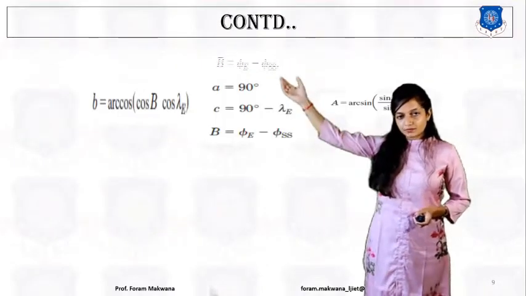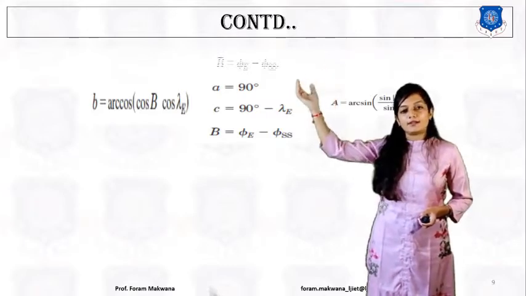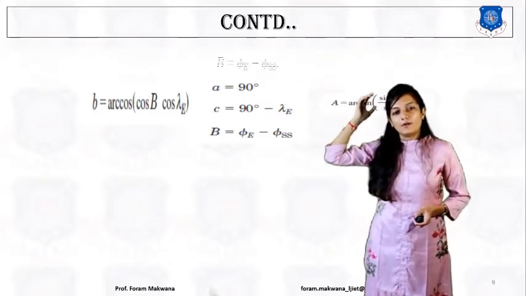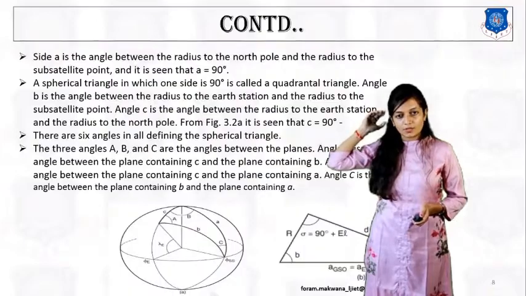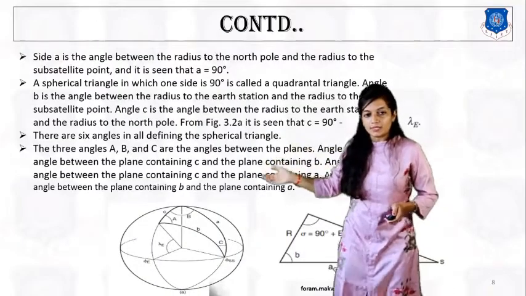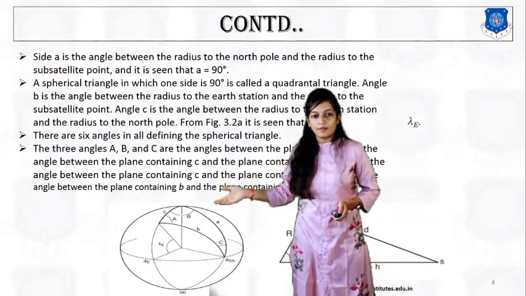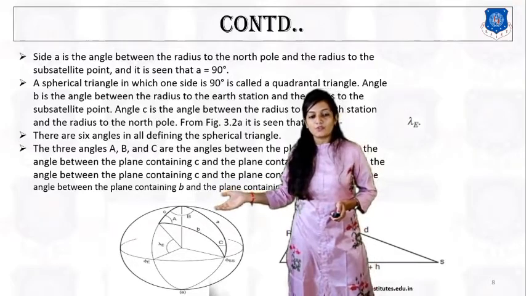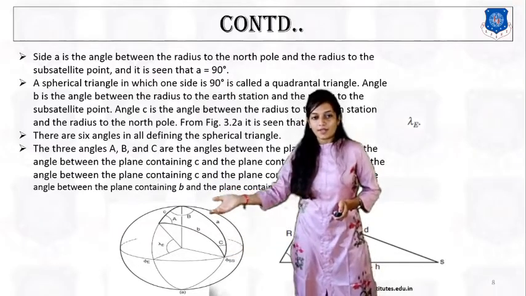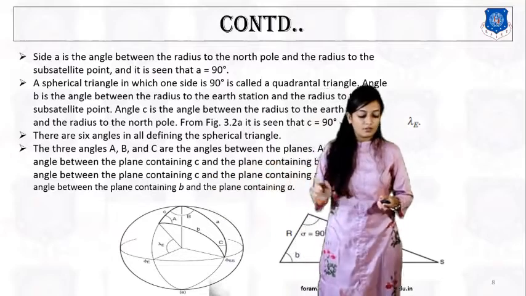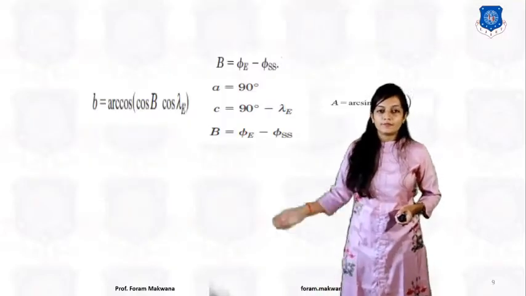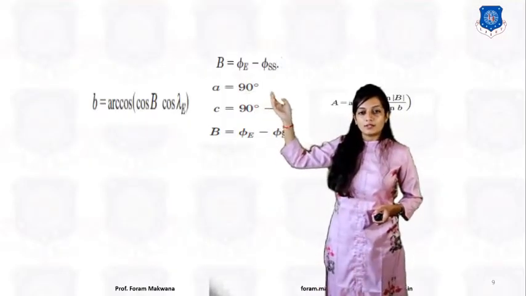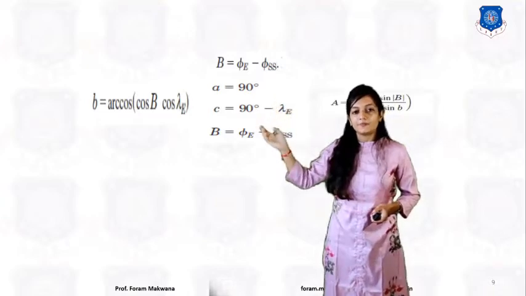Now, capital B is equal to phi E minus phi SS. How does it come? It comes from over here. This is capital B, phi E is the longitude of the earth station, and phi SS is the longitude of the sub-satellite point. Small a we have already considered, it is 90 degrees.